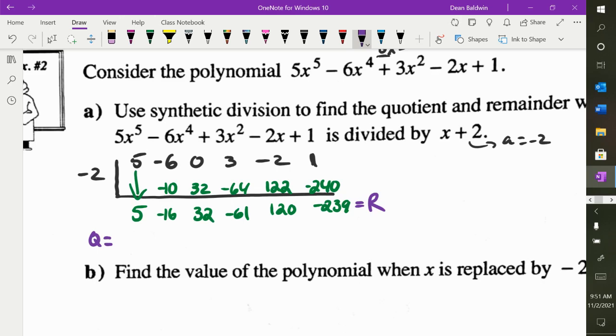Okay, the quotient. We divided a 5th degree polynomial by a linear polynomial, degree 1. So what should my quotient start with? Power of 4, right?